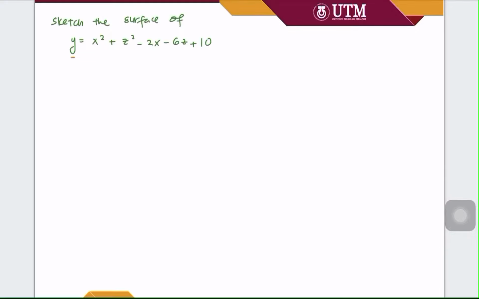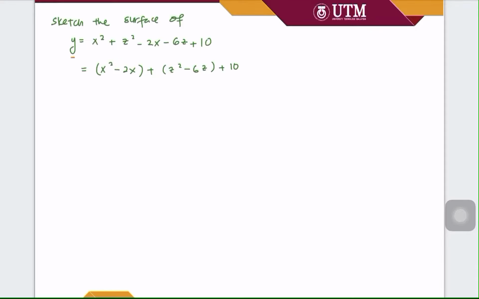Do you know about completing the squares? You need to do completing the square for this case. First, you need to collect all the x, and then collect all the z, to make it easy to complete the square.